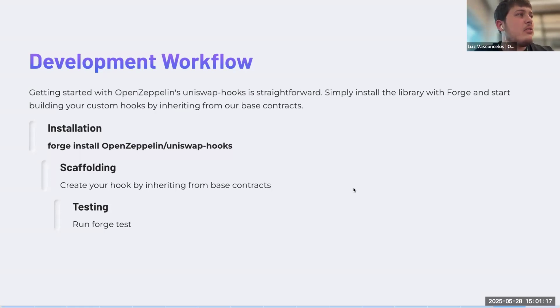But for now, use Forge and Foundry to install it. Just like you install OpenZeppelin contracts, you install OpenZeppelin Uniswap hooks, and you inherit from the contracts and test them. This is very important.